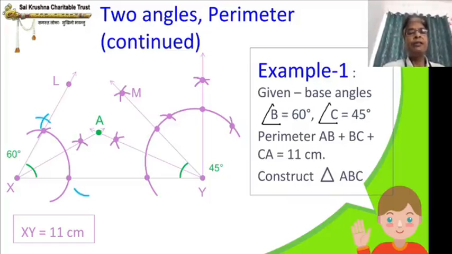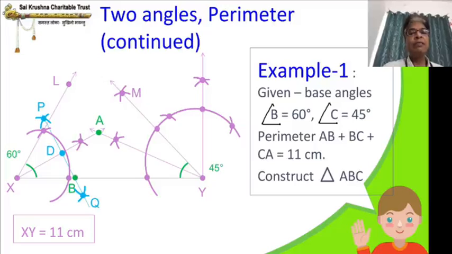From A, from X, join both PQ, and this PQ will intersect XY and AX at D and B.